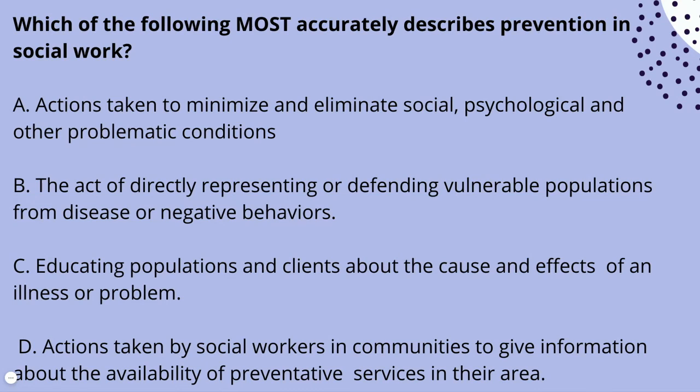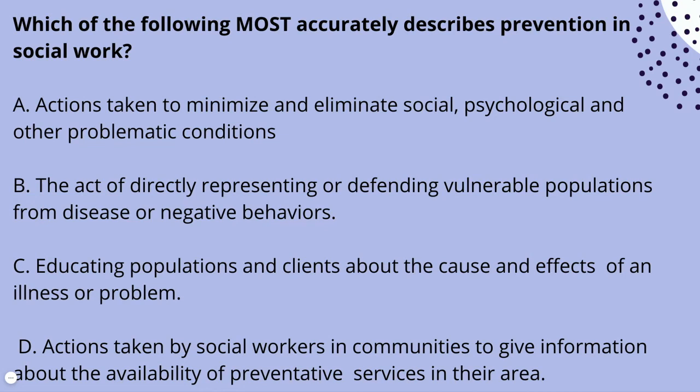Okay. We can eliminate C, educating populations and clients about the cause and effects of an illness or problem. That is a part of prevention, mostly in primary, but that does not best accurately describe prevention. So we can take out C. C is just not all-encompassing enough. C is out.